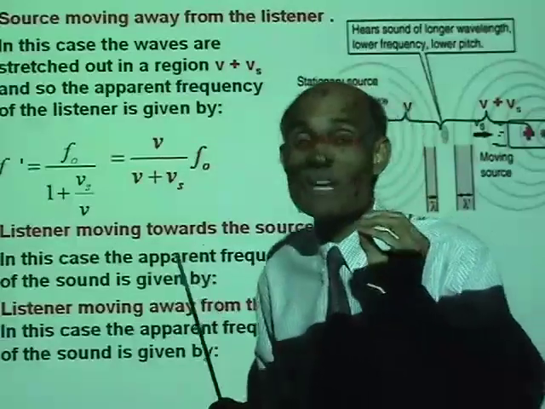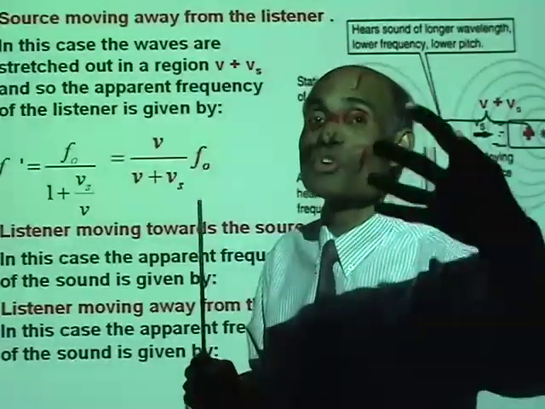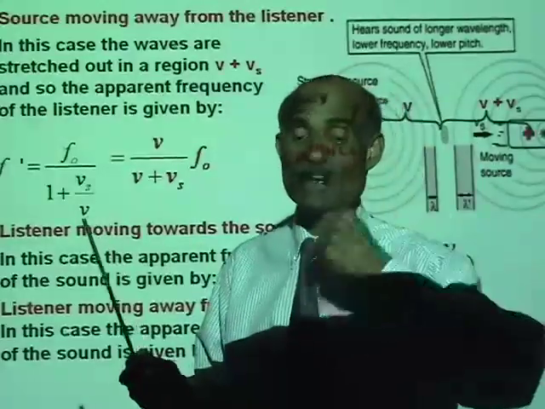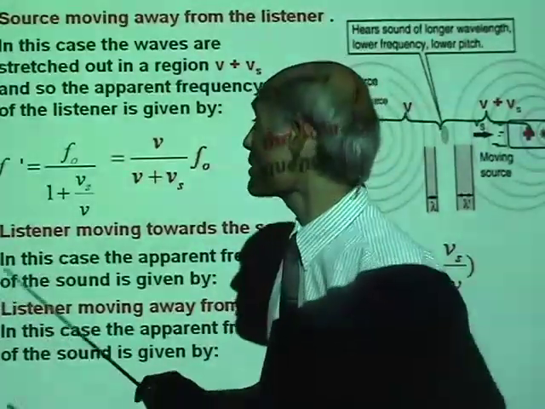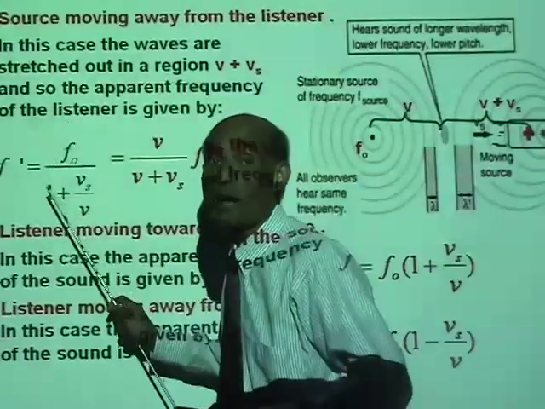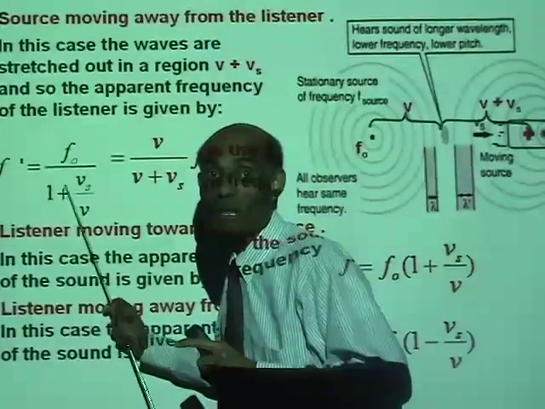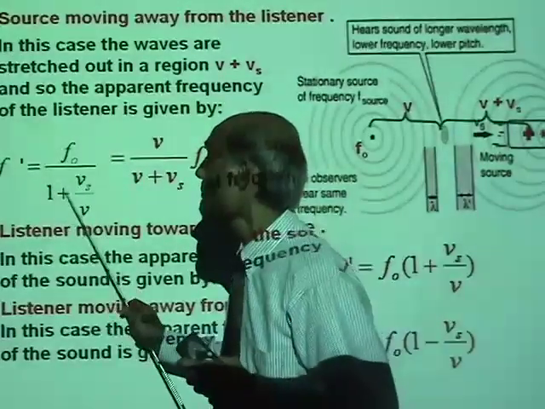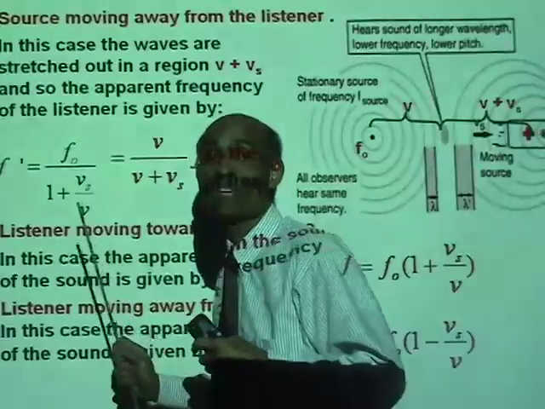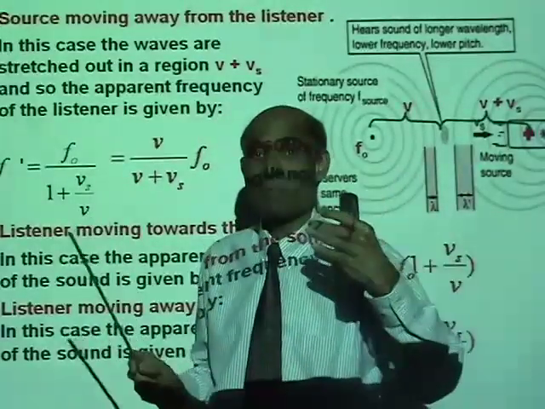The apparent frequency that a listener hears when a source moves towards the listener will be f0 divided by 1 minus vs over v. That will be the apparent frequency as the listener hears it.